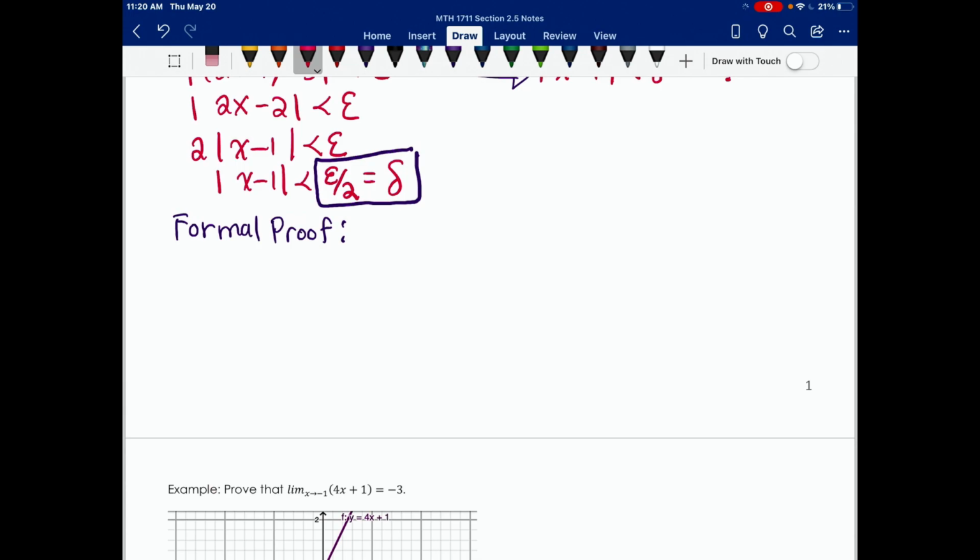We want to first start by saying, let epsilon be greater than 0 and delta greater than 0, because we want to make sure that our distances are positive. Then we're going to state what we're choosing for delta. We're going to say choose delta to be equal to epsilon over 2. So whatever epsilon is, we want delta to be half of that.